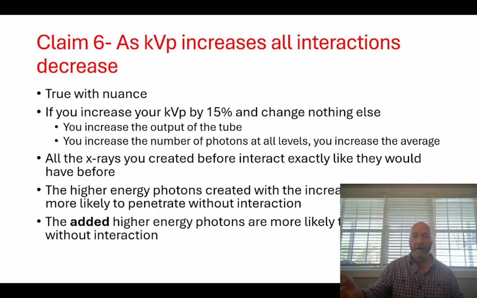But at those higher energy levels, on a percentage basis, as you increase kVp, all interactions do go down. So those higher energy X-ray photons, and even those in the average energy range, are more likely to penetrate through the patient and cause fewer interactions inside of the patient.